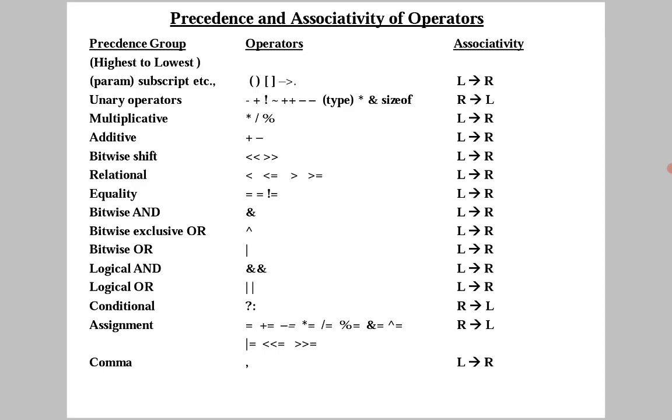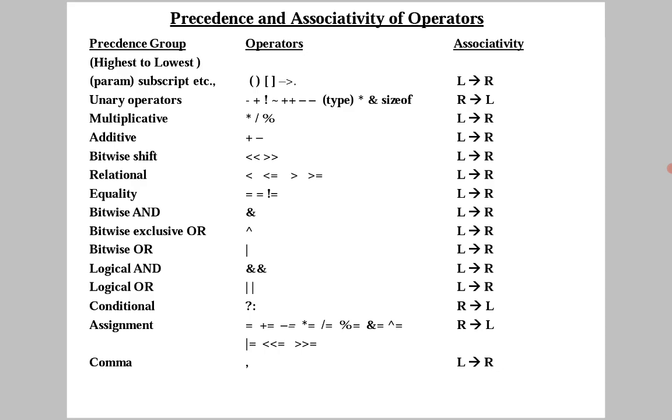For example, if a is greater than b, meaning the value of a is greater than the value of b, then it is a true expression and gives a true value. Otherwise it is a false expression and returns a false value.